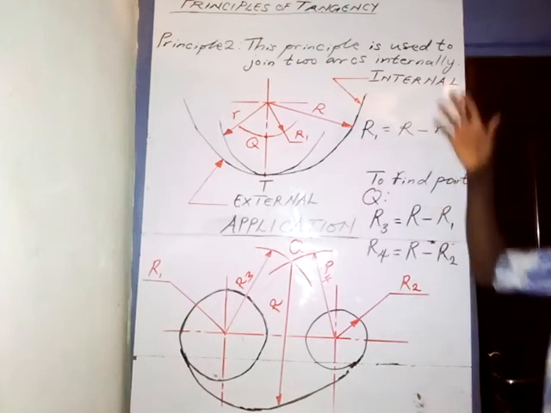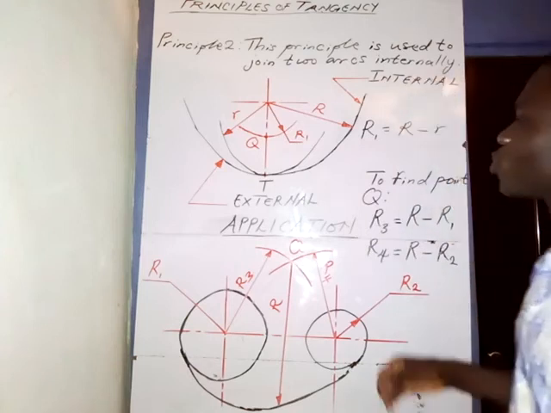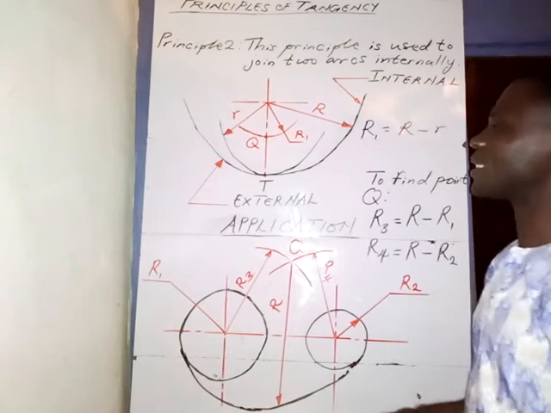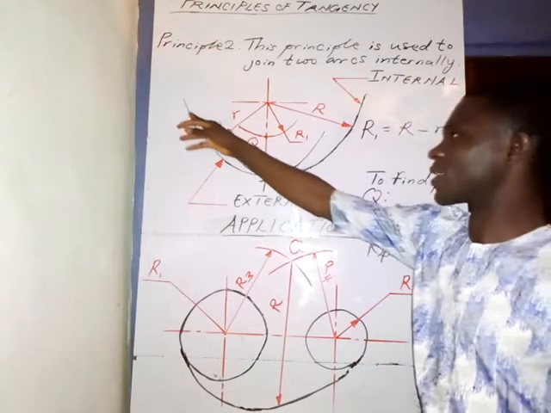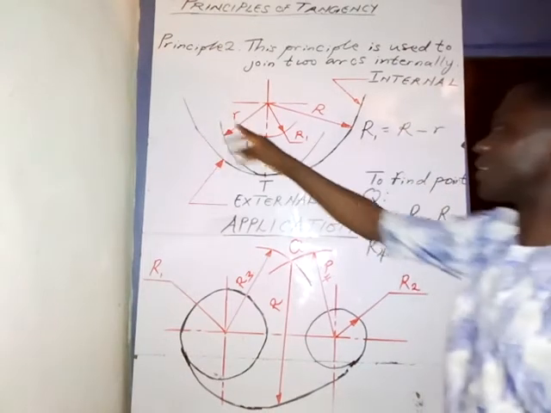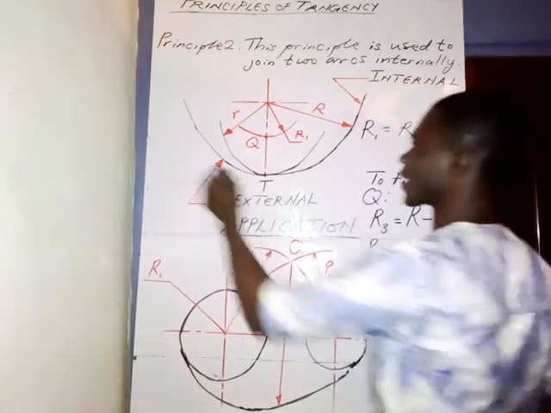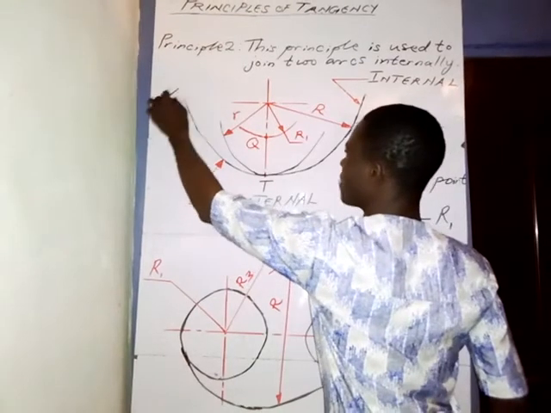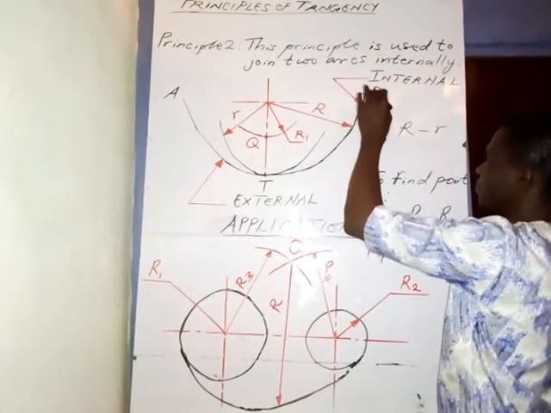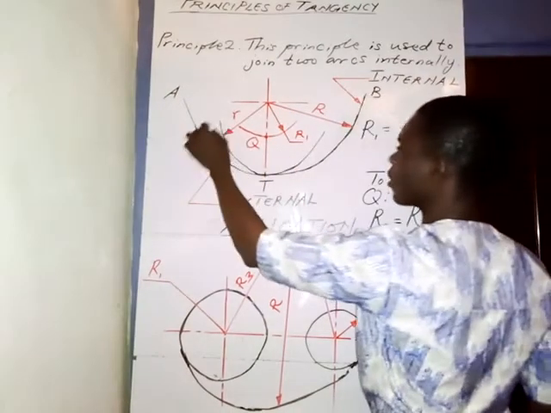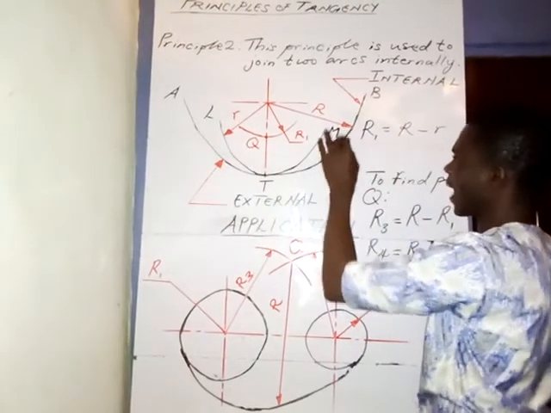Now, let's talk about principle 2, which is used to join two arcs internally. If you look at this arc and this arc, we have two arcs here. Let me call this arc AB, and this arc, arc LM.